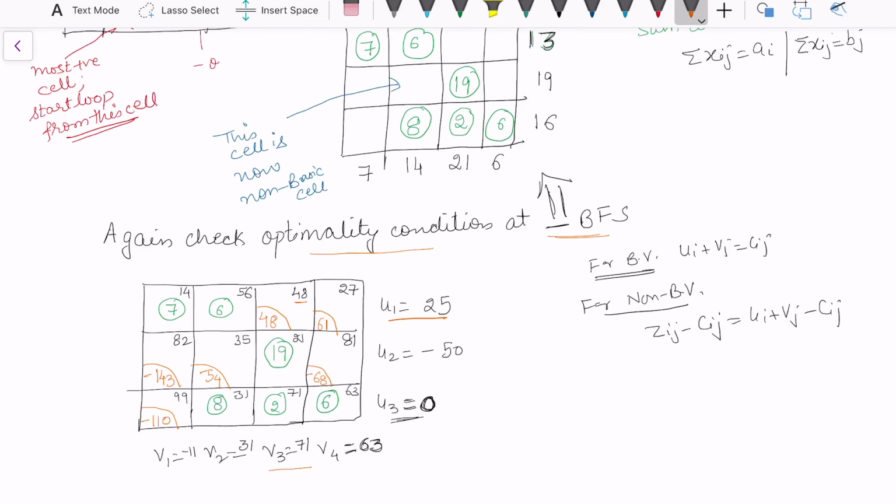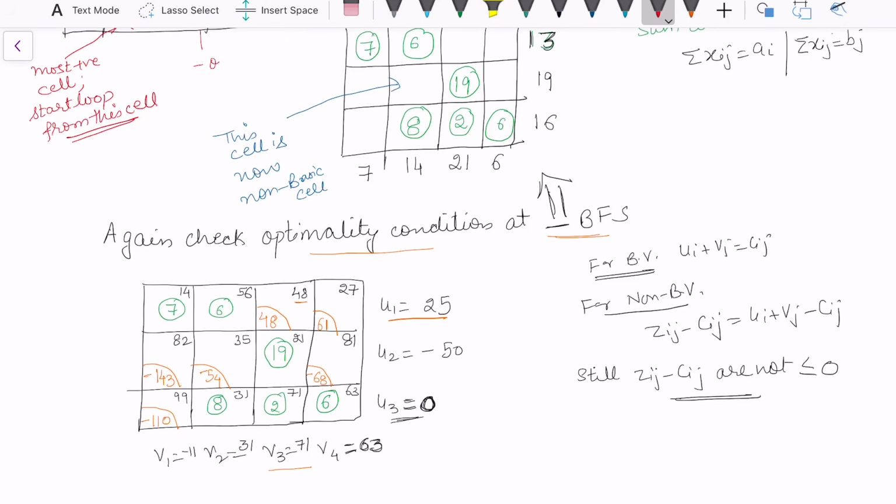Again we still have a quantity which is most positive. So we can say Zij minus Cij are still not less than or equal to 0. Had they been less than or equal to 0 for every ij, this would be optimal and we know how to find the value for z. But at this table, it is still not optimal.